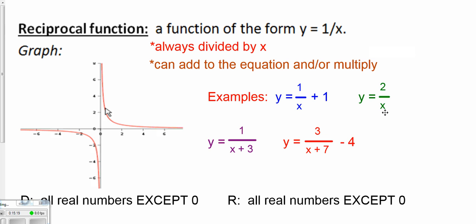Or instead of 1 divided by x, we could do y equals 2 divided by x. Or instead of just dividing by x, we can do 1 divided by x plus 3. Okay, that will still look like this kind of a graph. Or you can make it really complicated and do y equals 3 divided by x plus 7, all of that minus 4.